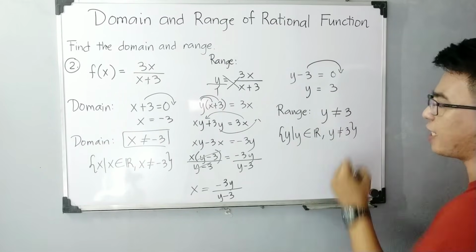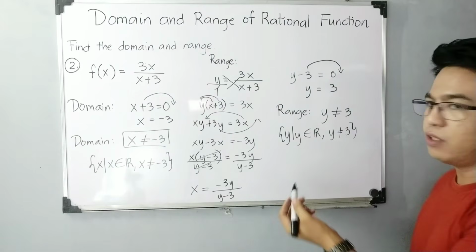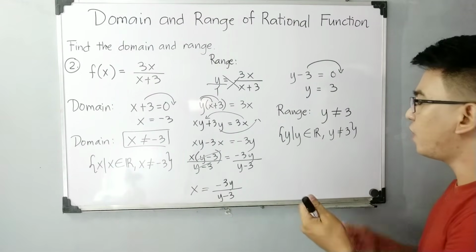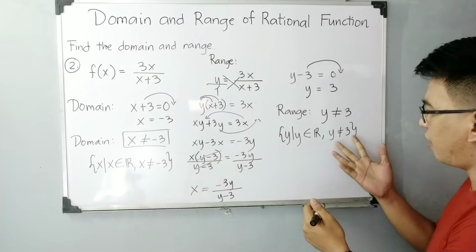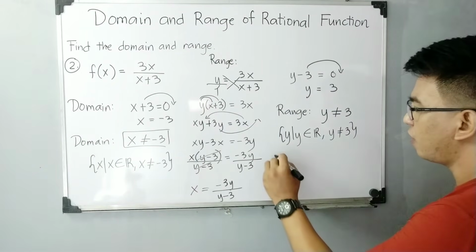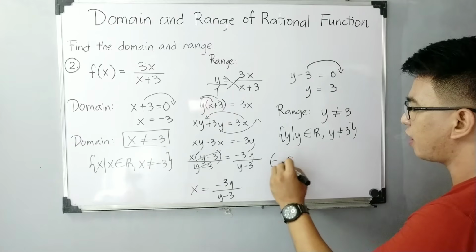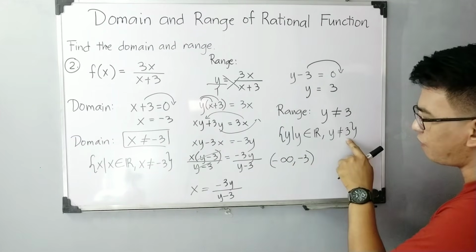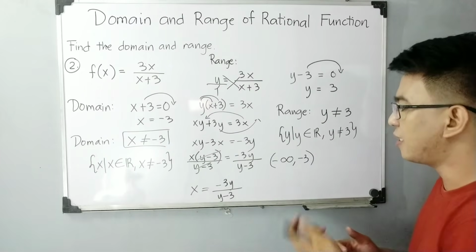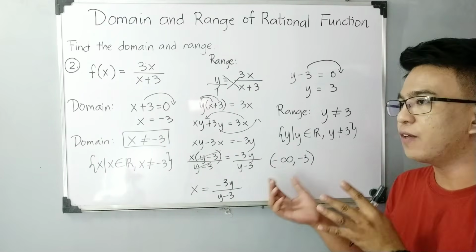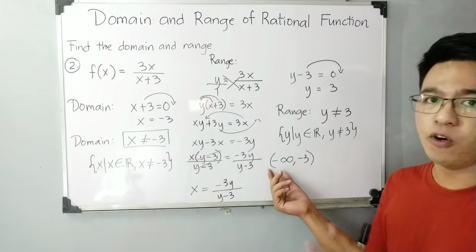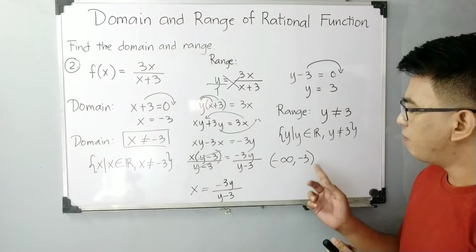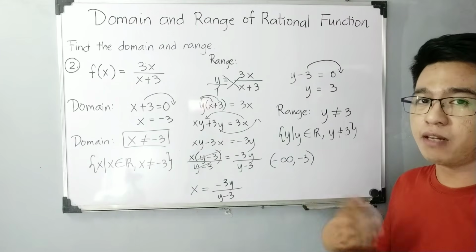Sige, tuloy na natin, guys. Kunin na natin yung interval notation nito. For the interval notation, tandaan nyo ganito yan. Hindi pwede sa negative 3. So mag-start tayo sa negative infinity, tapos negative 3. Since hindi kasama sa negative 3, ito yung explanation, guys. Bakit parenthesis? Kapag infinity lagi yung katabi, parenthesis, lagi yan, open lagi yan. Kasi infinity na walang end. Ito naman, bakit parenthesis yung negative 3 instead of bracket?